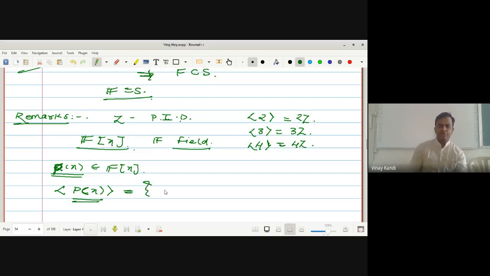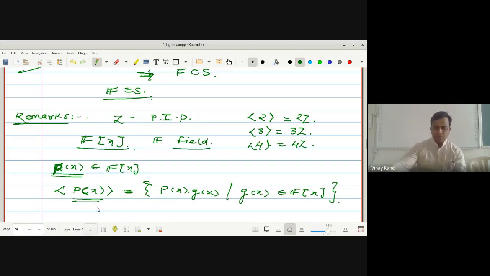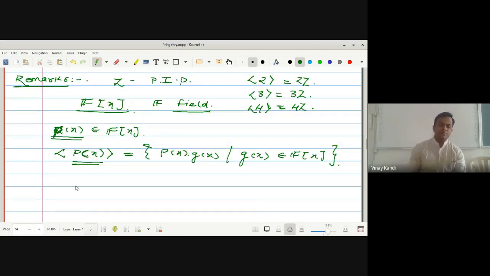form of p of x into g of x where g of x belongs to F of x. That is, any element, suppose q of x belongs to this ideal generated by p of x.